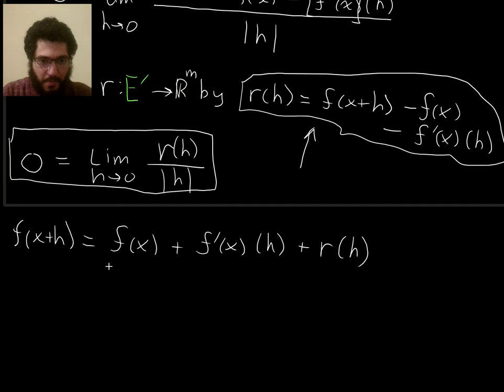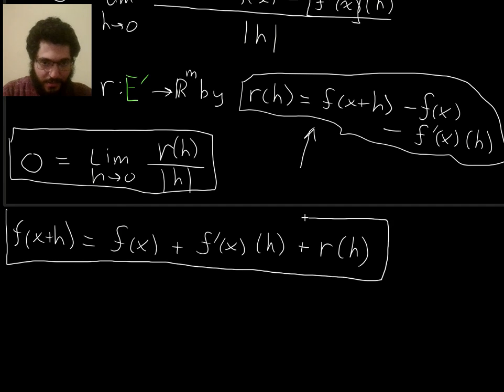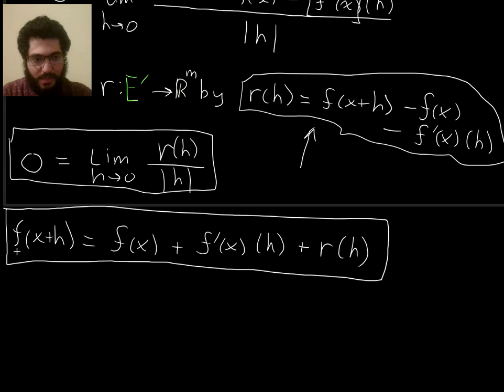And this looks like a linear approximation, right? If you want to know the values of f at x plus h, then all you need is the value of f at x and this linear map, which approximates how f varies as you look at inputs near to x.